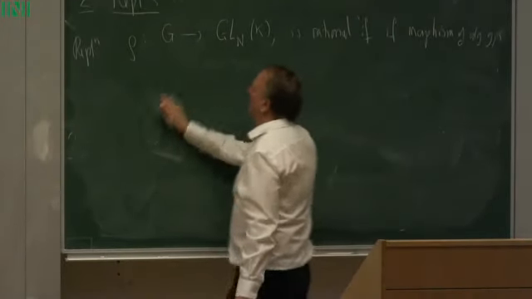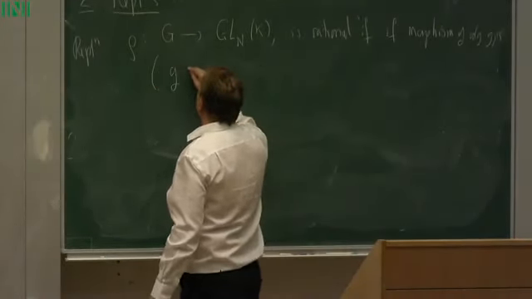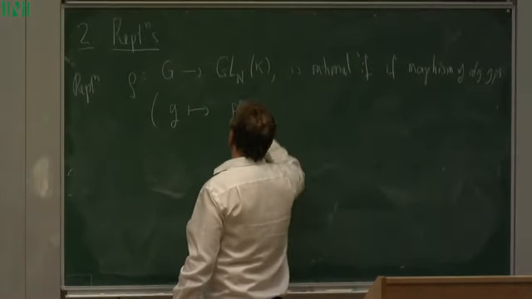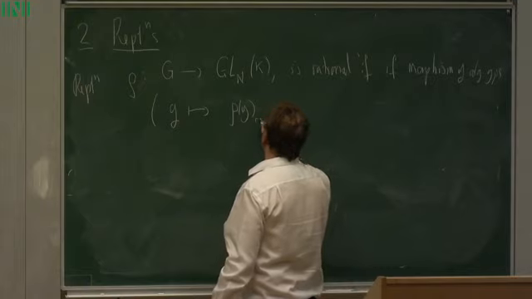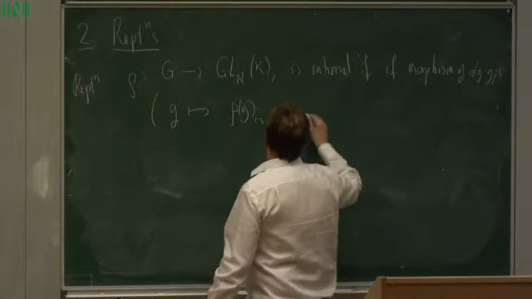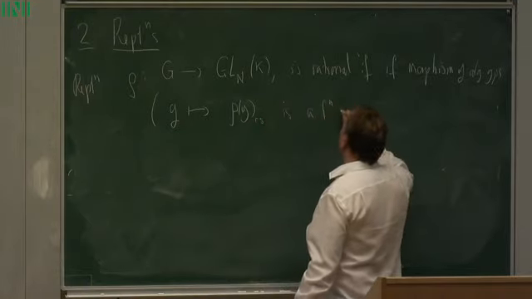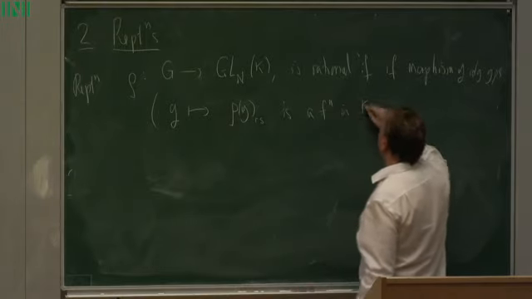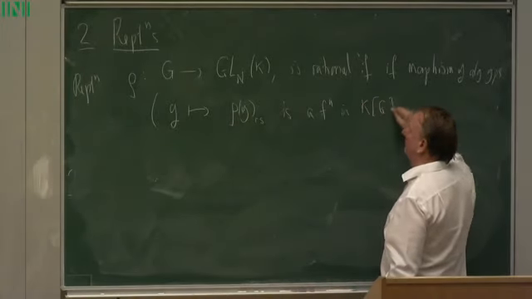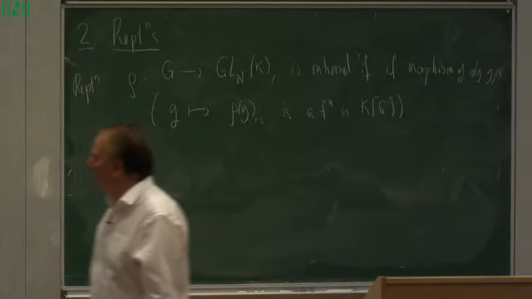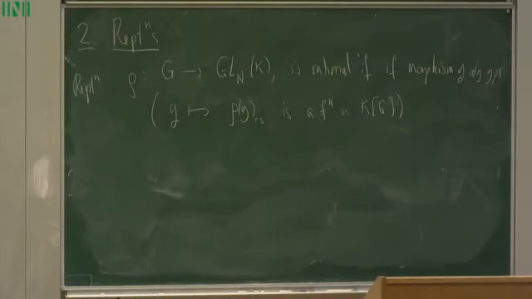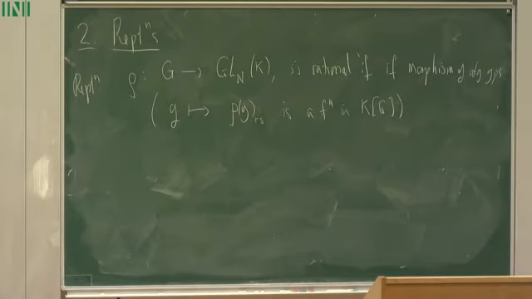What this really means is that the map from G to rho G, and then you take any entry, say the RS entry, is a function in the coordinate algebra of G. So if we were doing this with K being the field of complex numbers, we shouldn't take complex conjugation.